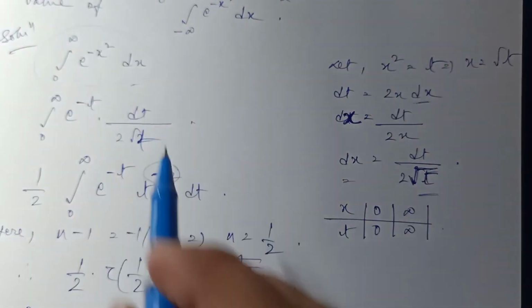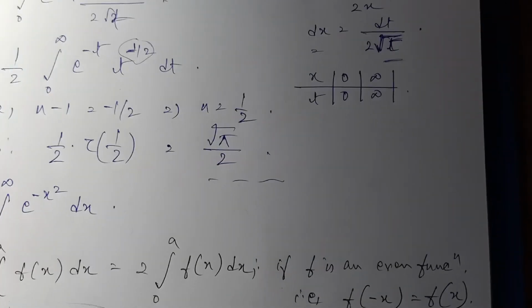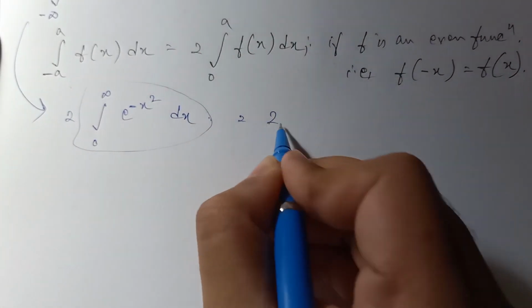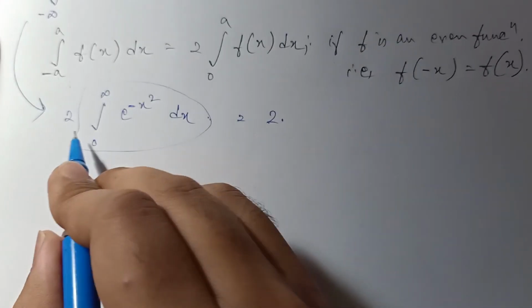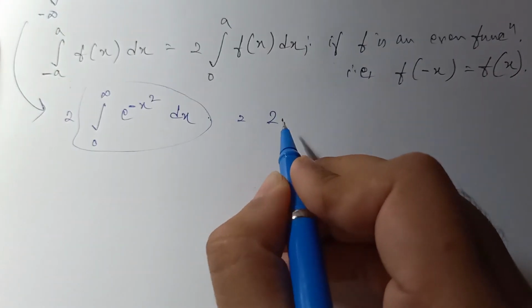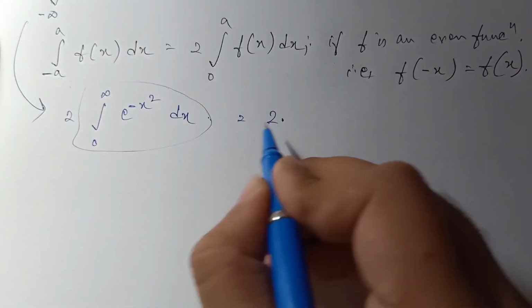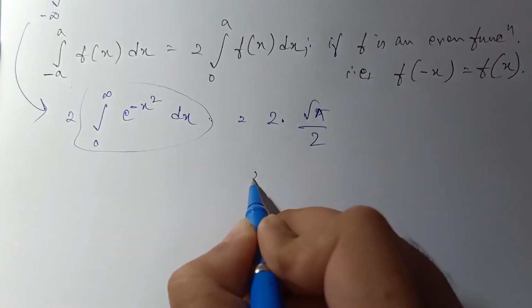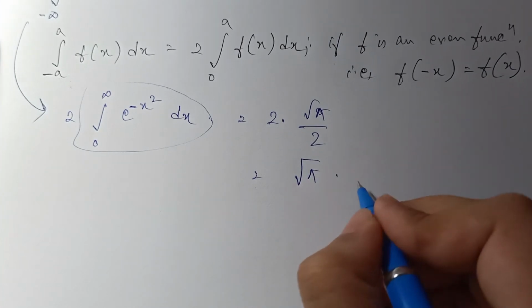It is root pi by 2. So you just put it over here. You keep 2 outside and multiply with the value of this, that is root pi by 2, which gives you root pi. So this is the final answer.